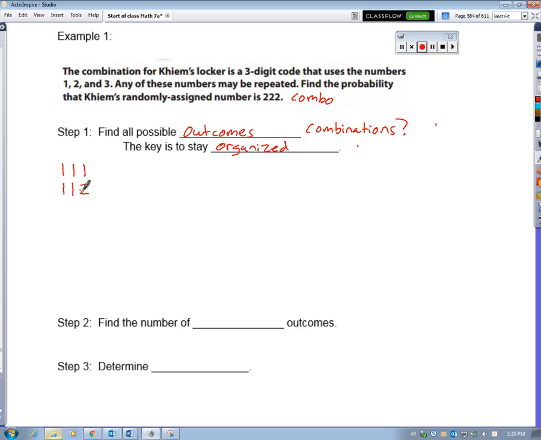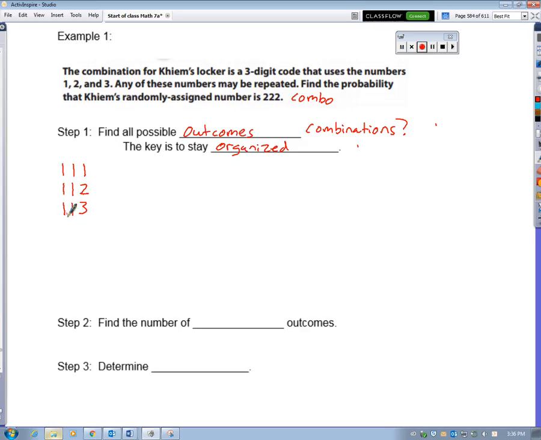We could also go with the very next one. Both numbers could still be 1, and the third number could be a 3. Then this would be all the possible locker combinations if the first two numbers were 1.